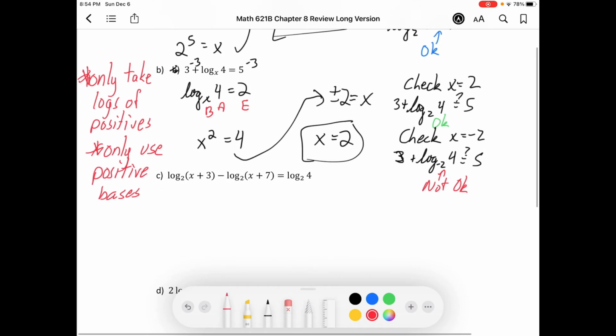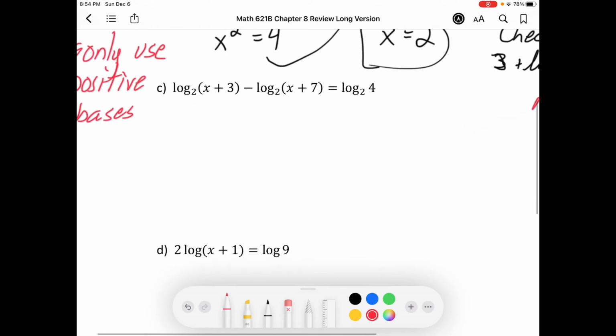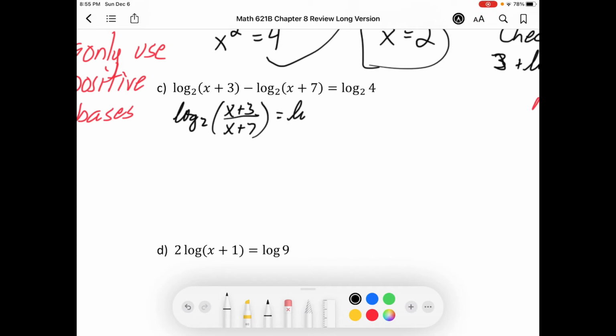All right, the next one that we have is comprised of a bunch of log expressions. So we can use log laws to put them together. They're all the same base. I can use quotient law to rewrite this as a single logarithm. And here you don't have to switch to exponential form, because we just have log base 2 of something equals log base 2 of something else.